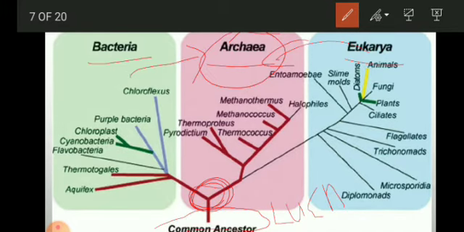And from here the eukaryotic organisms arise from archaea, and here is also the common ancestor for archaea and eukarya. In eukarya, we know there are animals, fungi, plants, flagellates, ciliates, and protozoans. In archaea and bacteria, there are different types of prokaryotic organisms.